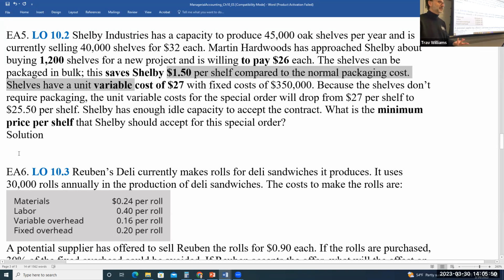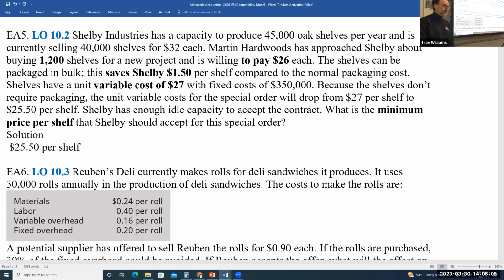So again, that's not necessarily the price you want to charge, but that would be the minimum we could charge without losing money. The variable costs minus these cost savings. So our answer here is $25.50 per shelf. Yeah. Just designed to confuse us.